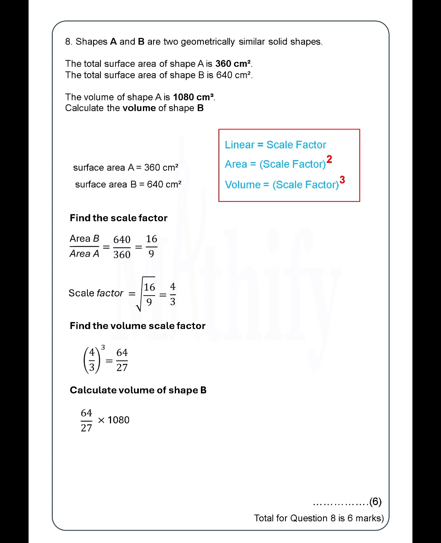So to solve this, you could do 1080 divided by 27. This is equal to 40. And 40 multiplied by 64 is equal to 2560 centimeter cube. Make sure you put your units. So the final answer for question 8, volume of shape B, is equal to 2560 centimeter cube.